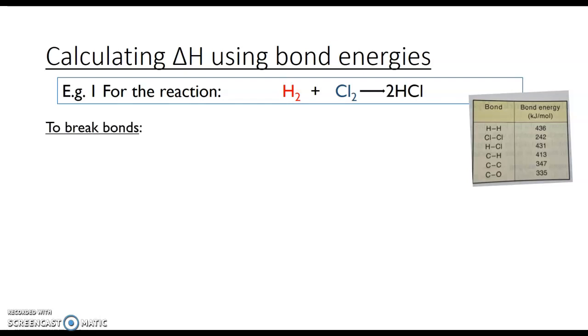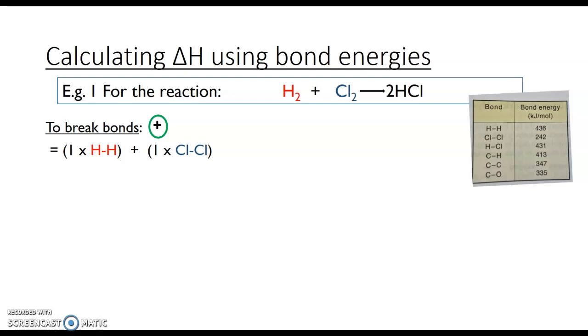The first thing is you've got to think about the energy to break the bonds. Now remember, from the balanced equation, you have one hydrogen bond and one chlorine bond. Okay, there's one molecule of each.